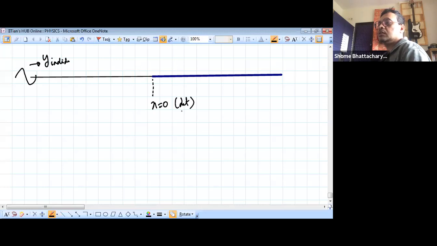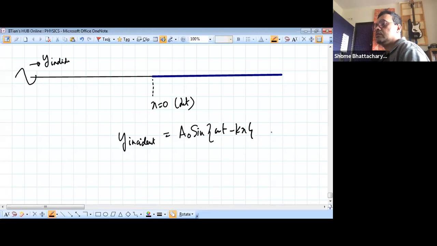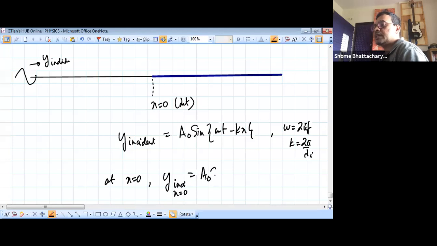The incident wave was E naught sine omega t minus kx, where omega was 2 pi f, k was 2 pi upon lambda incident, and E naught was this. Now at x equal to 0, the incident wave is creating a displacement of E naught sine omega t.